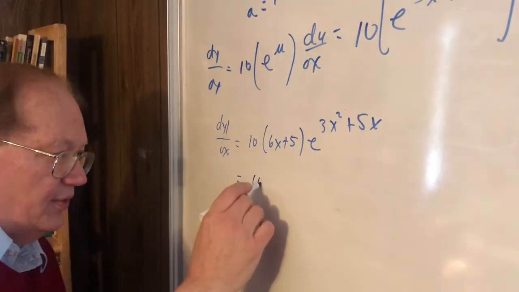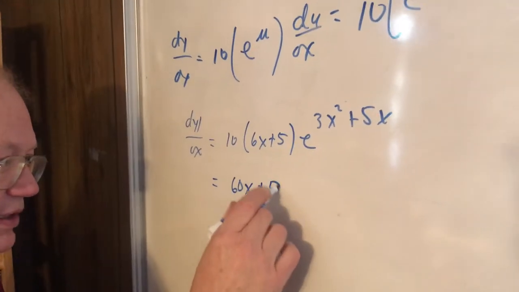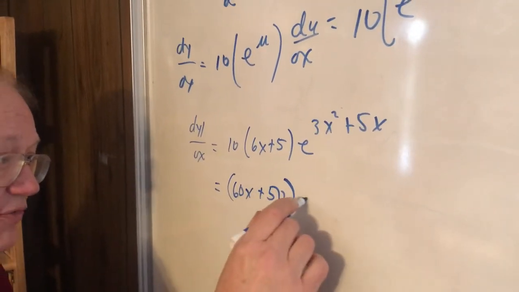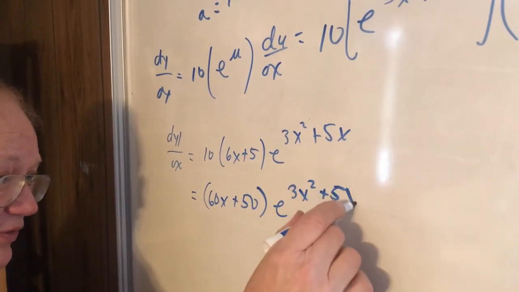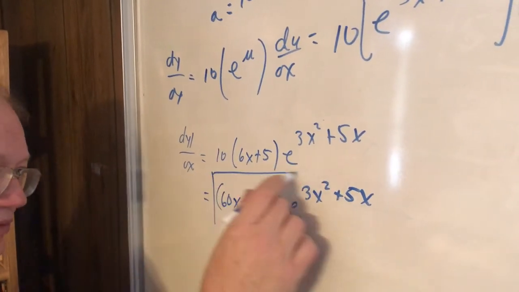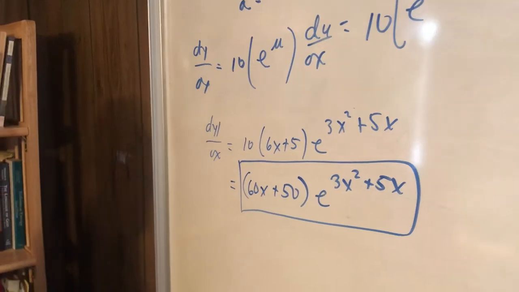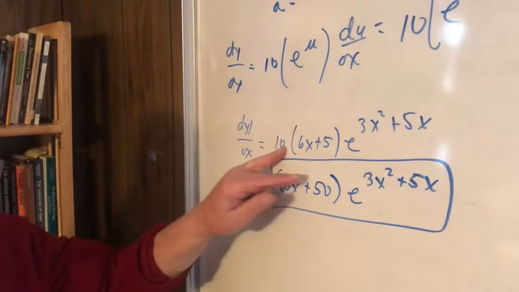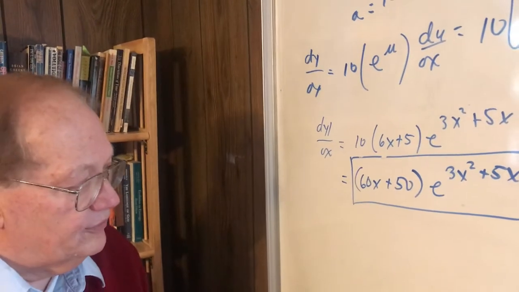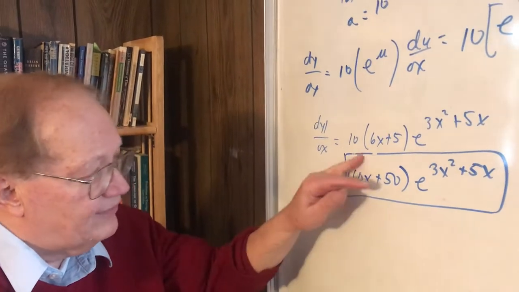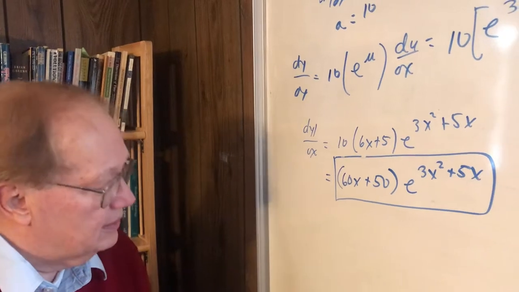I don't really have to, but 60x plus 50 times e to the 3x squared plus 5x, and that's your answer. 10 times 6 is 60x, 10 times 5 is 50. I just distributed the 10. Now, I didn't have to do that unless I told you to simplify.